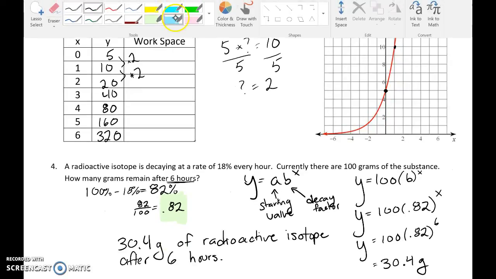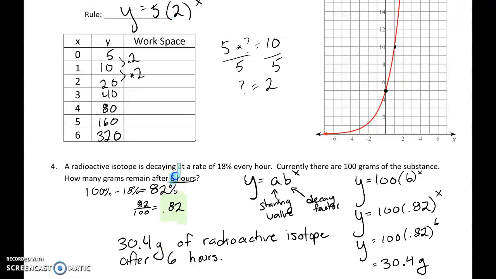So we plug in 6 for x, since that's the number of hours we're looking for. And I got 30.4 grams, so we have 30.4 grams of radioactive isotope remain after 6 hours. Let me add that to answer our question in a complete sentence.